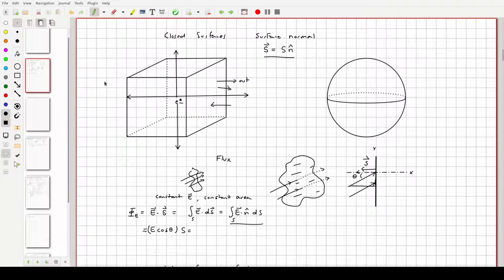So for example, if I were to look at these closed surfaces right here, the volume of this would be the volume of a sphere. The surface would be this thing right here that holds the volume. Here, the volume would be the volume of a cube, but the surface would be the sides of the cube that hold the volume in. Okay?